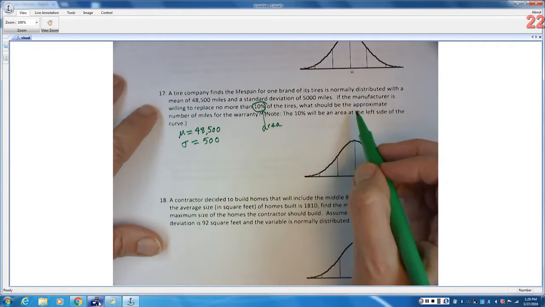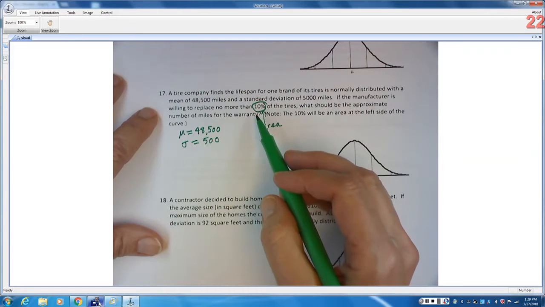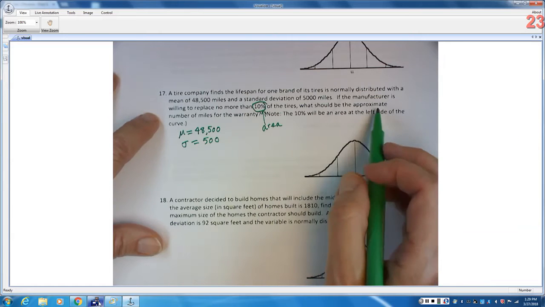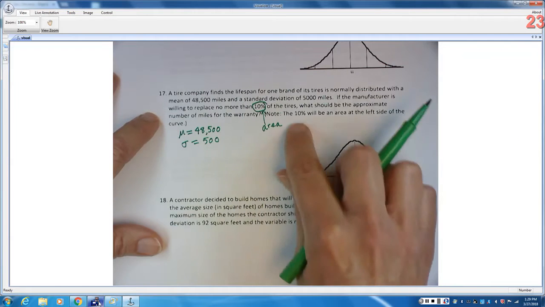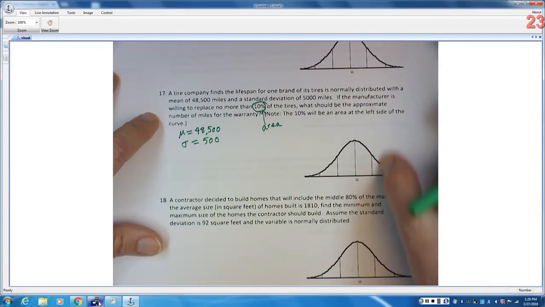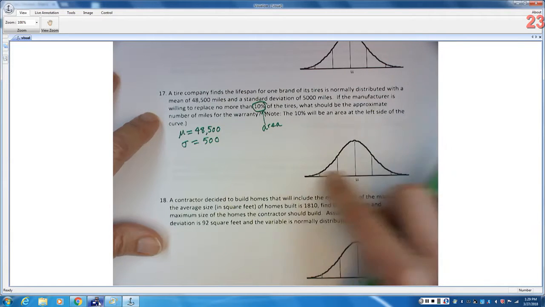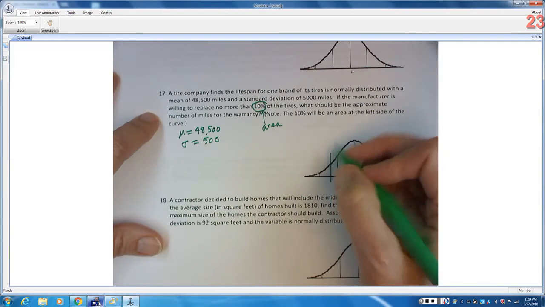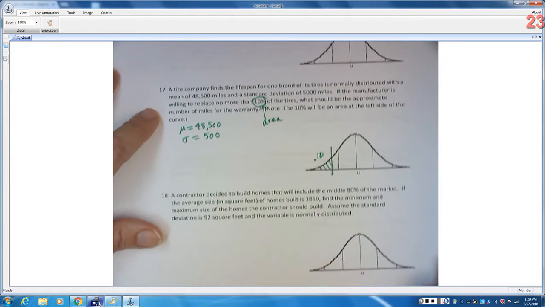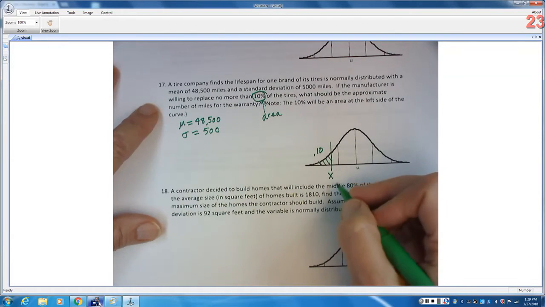If the manufacturer is willing to replace no more than 10%, what would be the approximate number of miles for the warranty? 10% will be an area on the left side. They're not going to put it up on the right side and replace all those tires. They want it down here, 0.10. We've got to find our X.